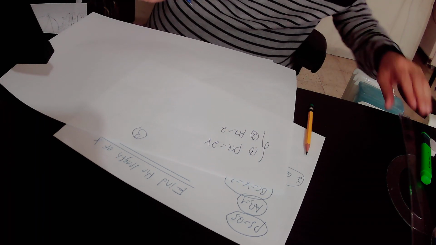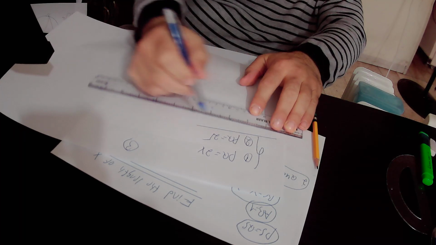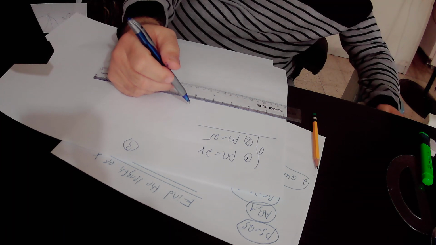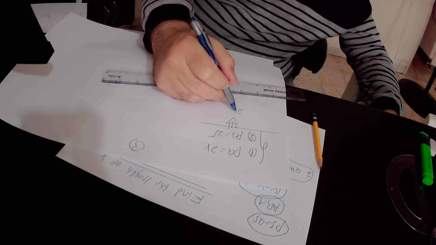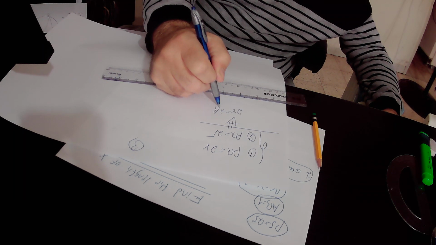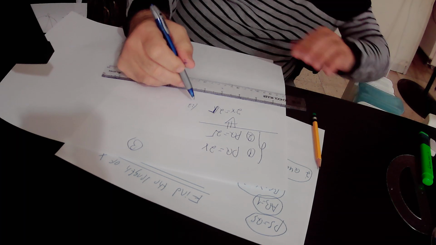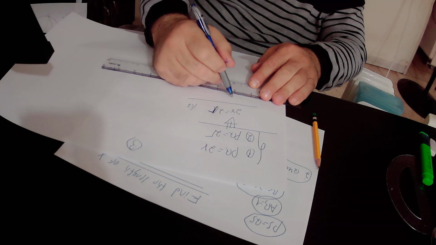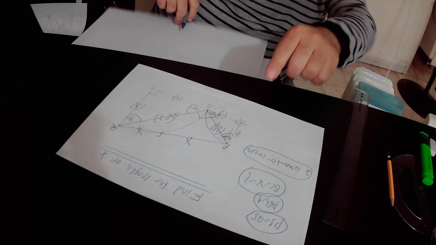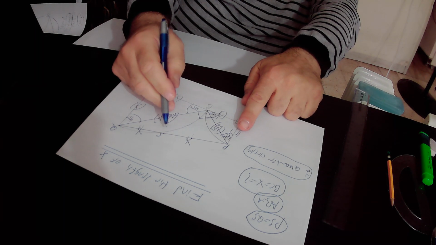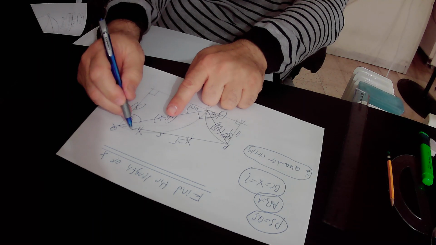And from those two equations, PQ equals 2X and PQ equals 2R, we will derive that 2X equals 2R. Here we'll divide this equation by 2. And finally, we'll get that X equals R. So here, PS that is equal to X, it is equal to R. And SQ that is equal to X, it is also equal to R.